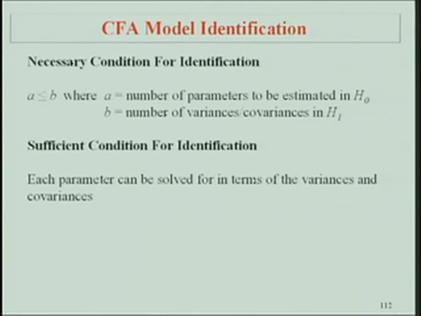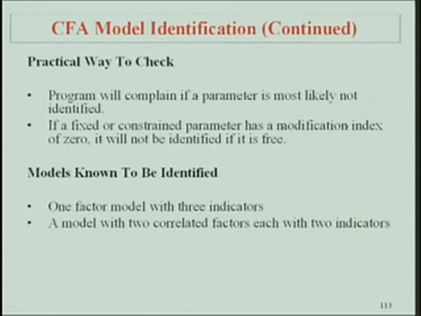We're going to work with a set of rules of thumb instead to judge if a model is identified. A very practical way to check. You don't have to know anything if you don't feel like it. General statement.